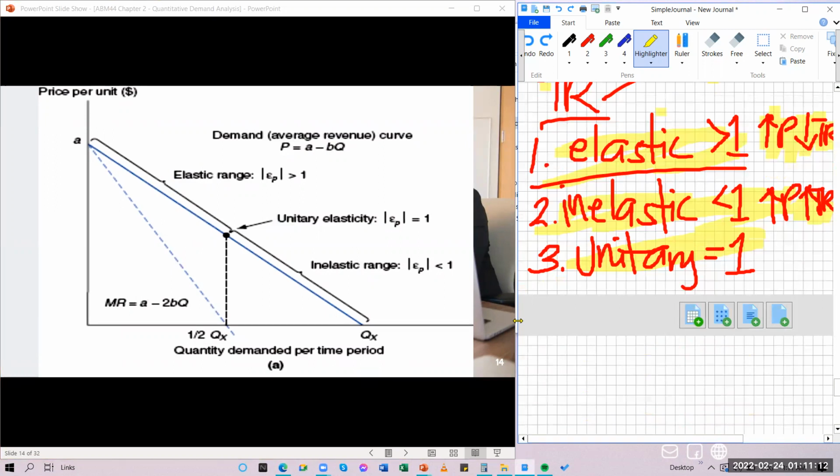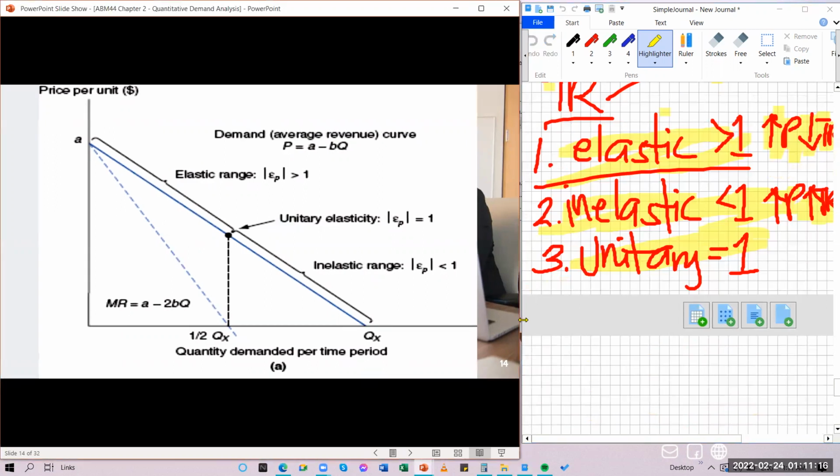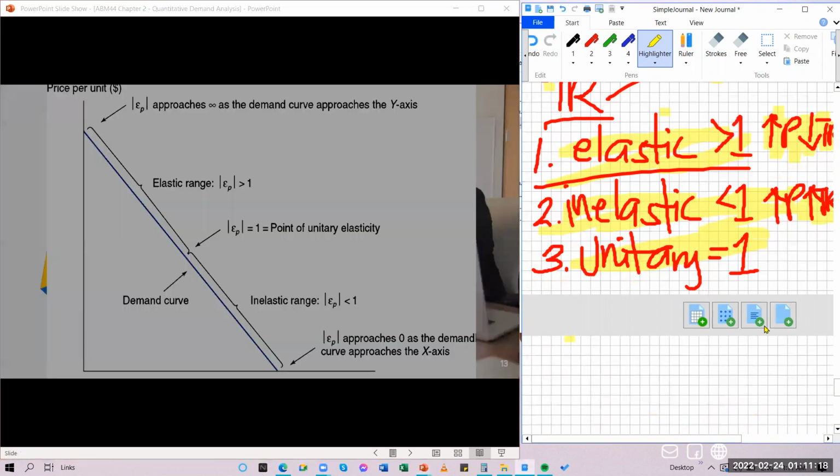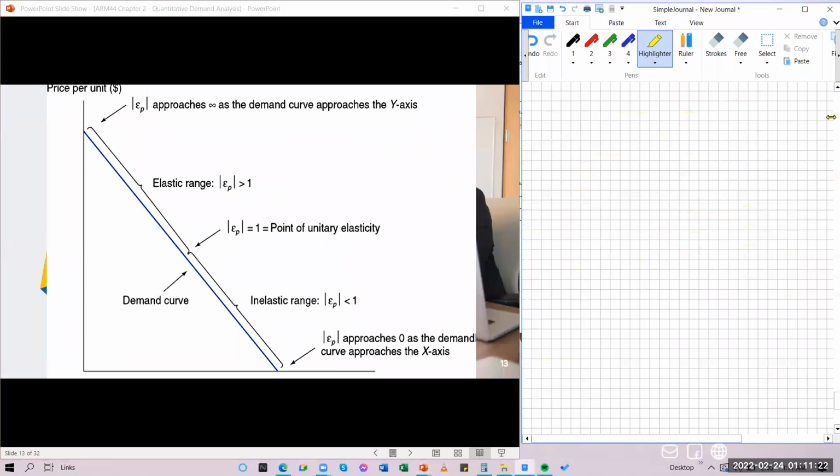So I'll give you another example. So I hope you can see it clearly. So we'll have this one. I'll draw so that you can understand it better. So let's have this. Okay. Something like that.